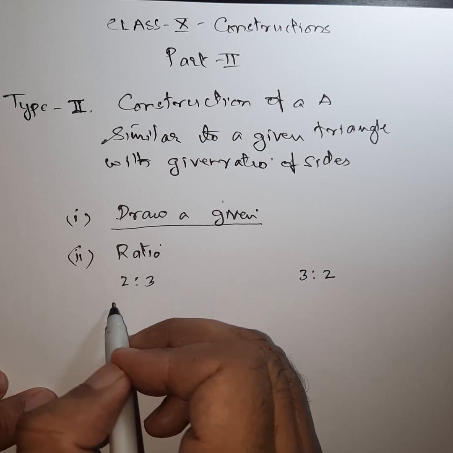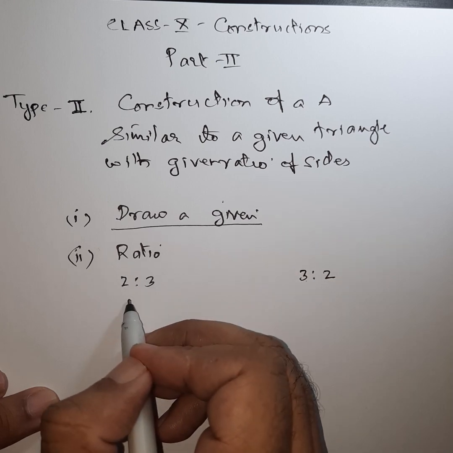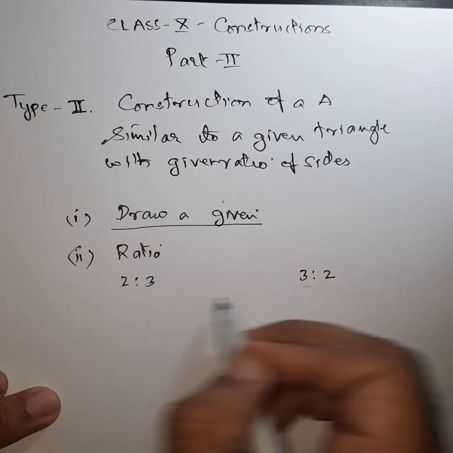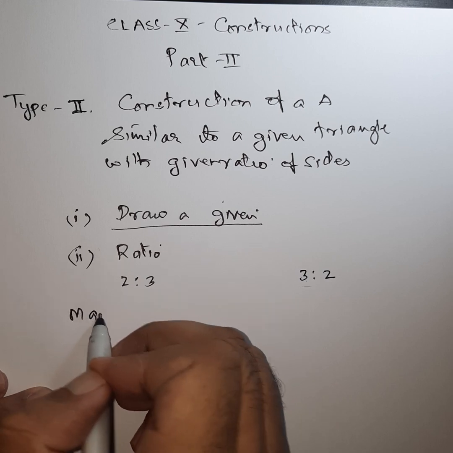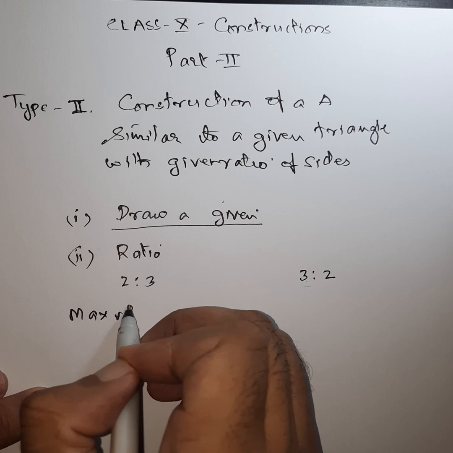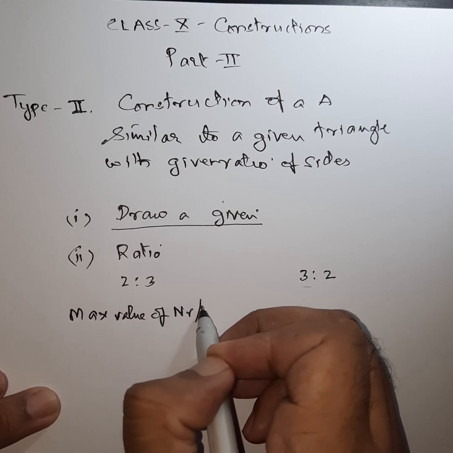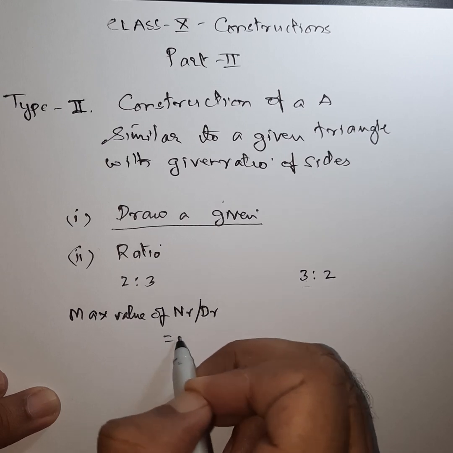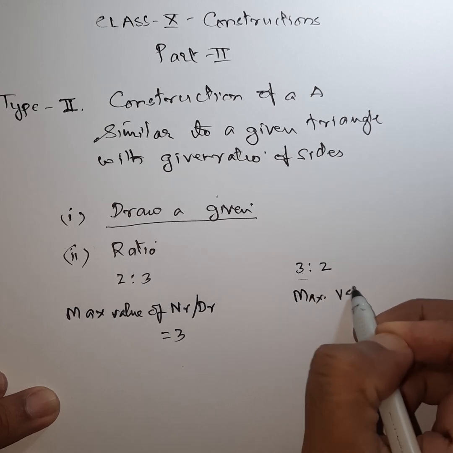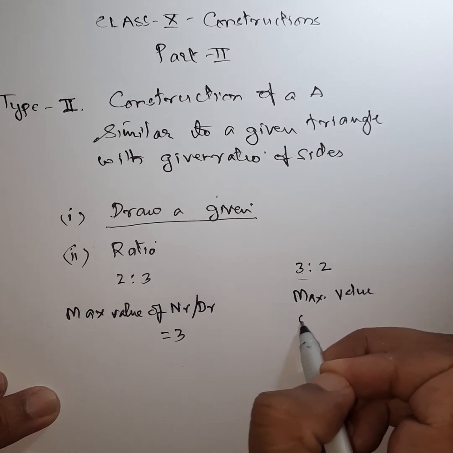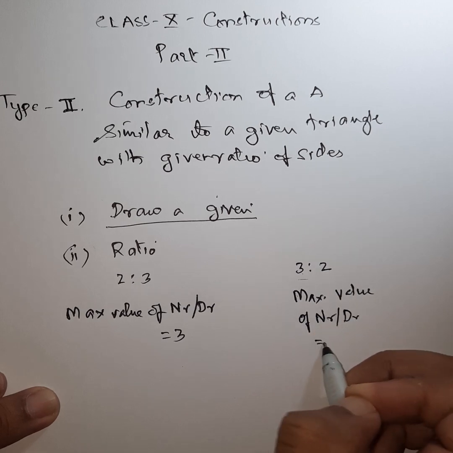So remember 2 points while drawing similar triangle to the given triangle. Number one, just see whichever is maximum. Suppose here 3 is the maximum value out of numerator or denominator, and here also the maximum value of numerator or denominator is 3.